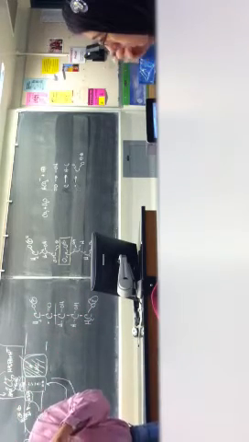It had little amino acids in each of the panels, and it says 2 amino acids bump together. They form a dipeptide. They fall apart. 2 amino acids bump together. They form a dipeptide. They fall apart.